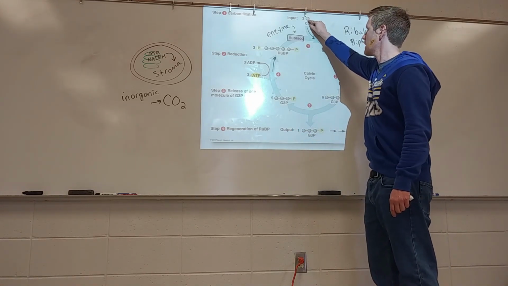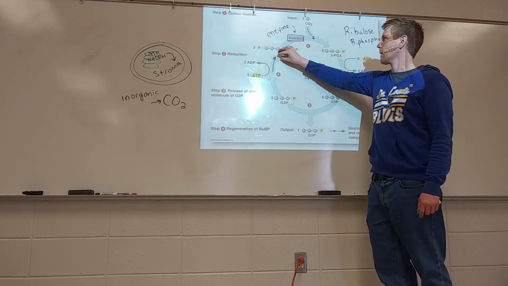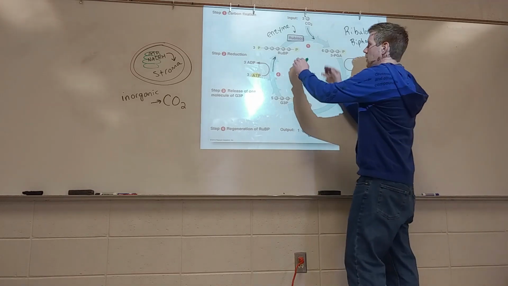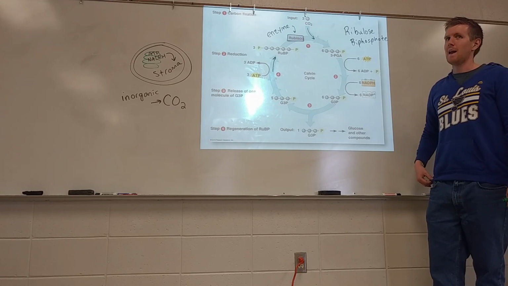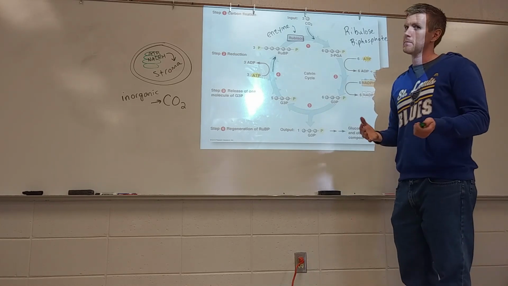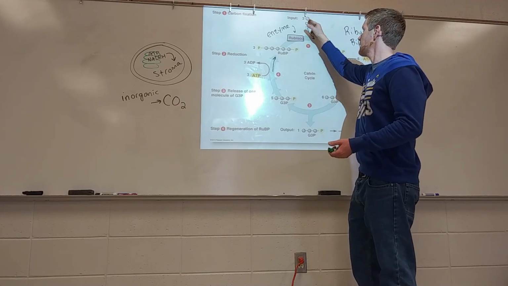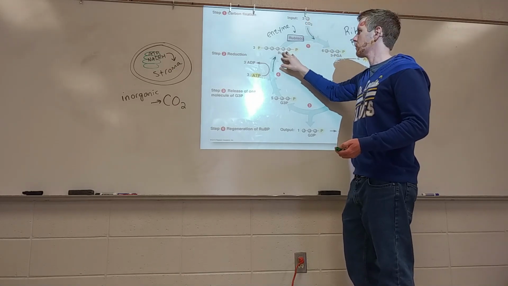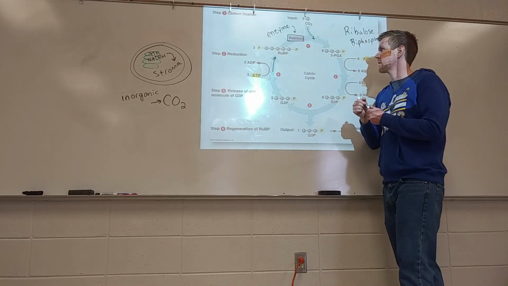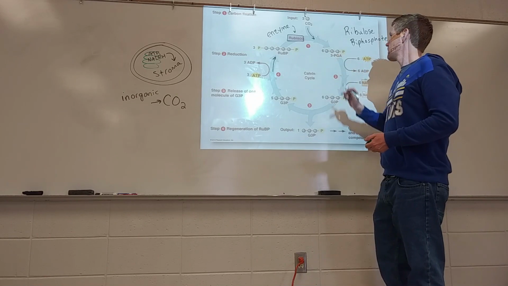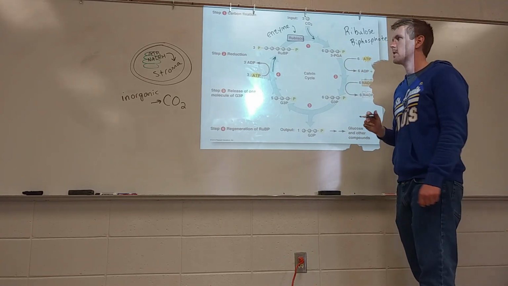3 carbon dioxide enter the cycle. 3 molecules of ribulose biphosphate are coming around the cycle. Rubisco is going to join them. It's the most abundant protein on the planet. Think of how many plants there are. Makes sense. Rubisco configures the incoming CO2 with the ribulose biphosphate and ends up producing 6 phosphoglyceric acid molecules, or 3-PGA.